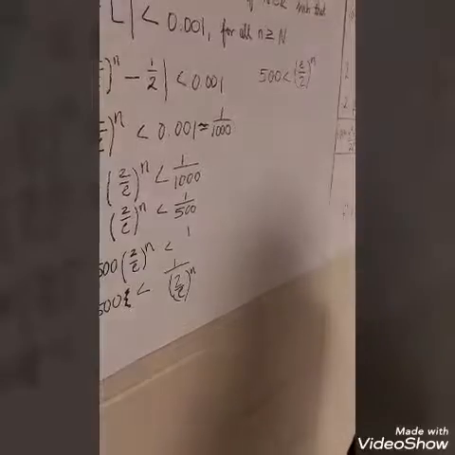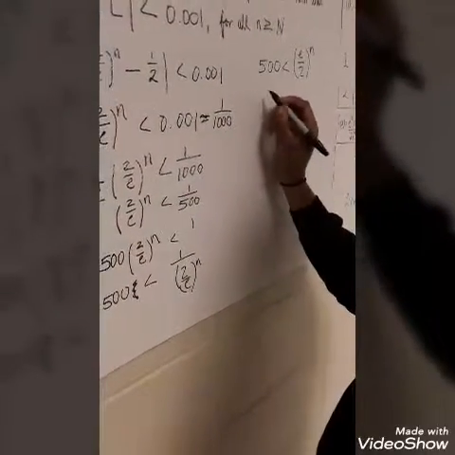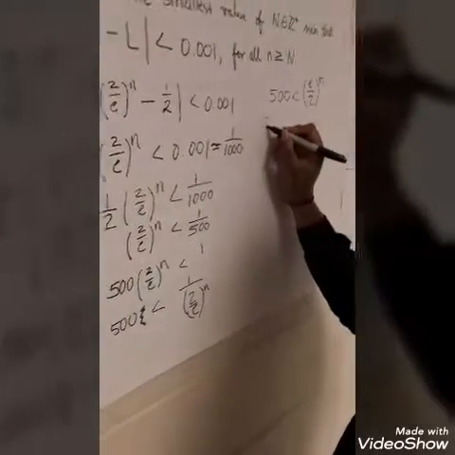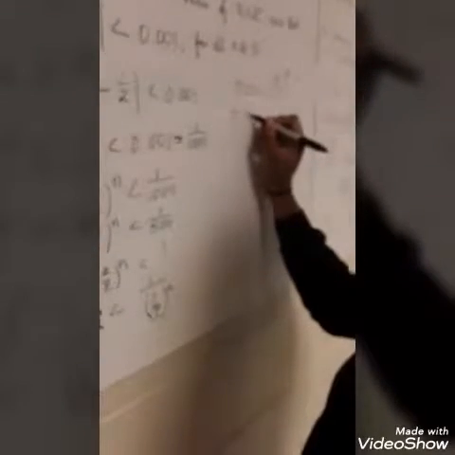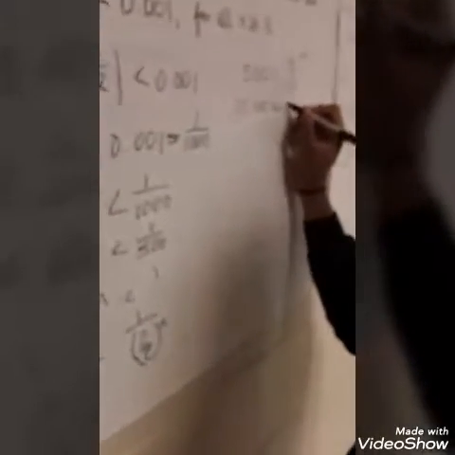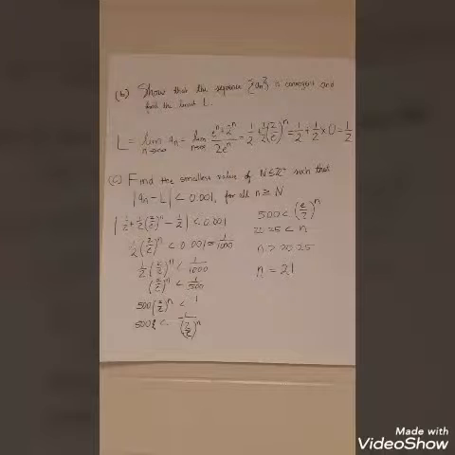Or really, we can just flip our fraction over there and say that 500 is less than e over 2 raised to the n. At this point, we can't really do much to simplify other than use our calculator, but this is a paper 3, so it is completely allowed.